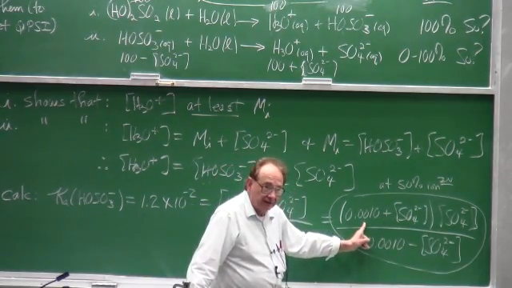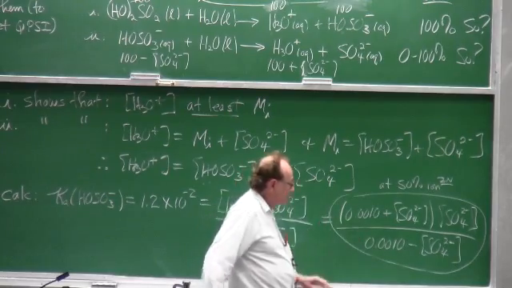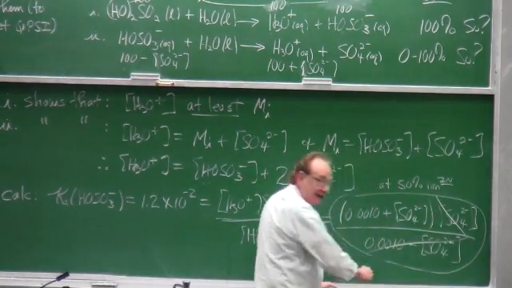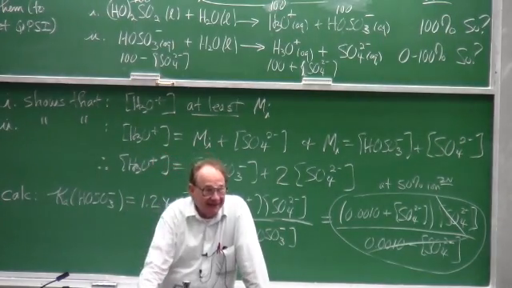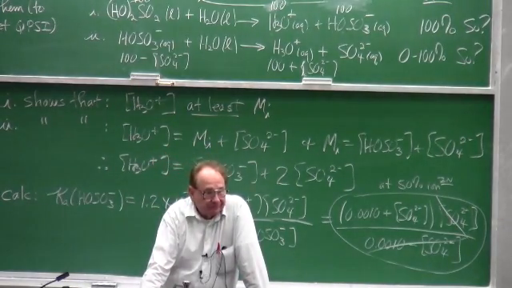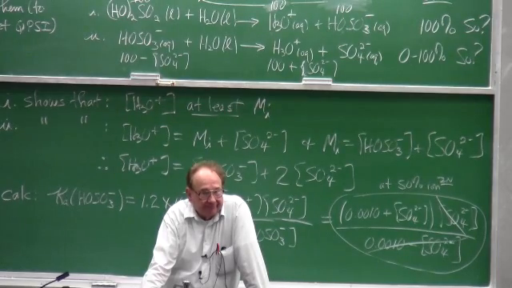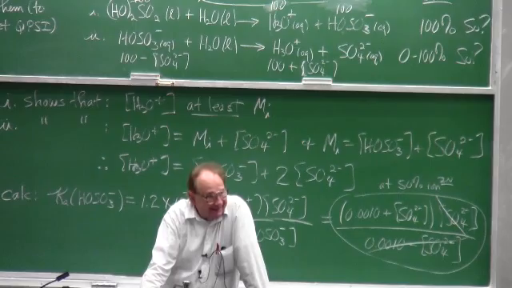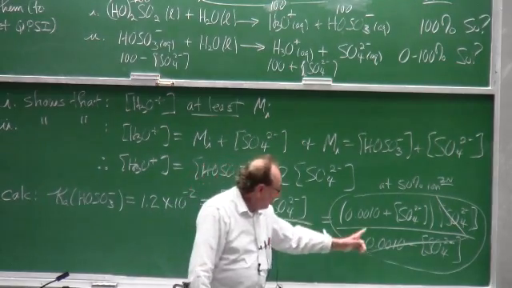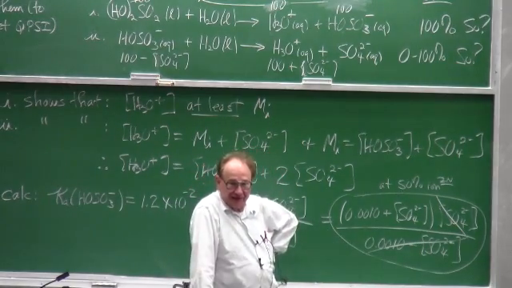Half of this added to this. That's it. Because at 50%, these go out. That's the simplifying part, right? I don't care what m sub I is. I don't care. This is always true at 50% ionization.